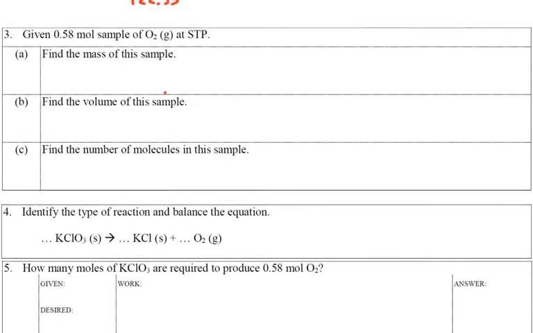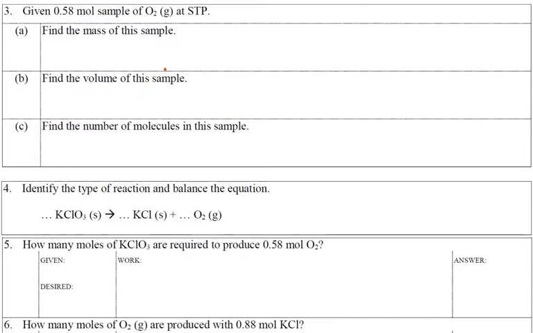Let's go back. So find the mass of the sample. I'm starting off with my given number here. So I have 0.58 moles of O2. If I want to go from moles to grams, we can see on our map that only took one conversion factor. So 1 mole of O2, how many grams?